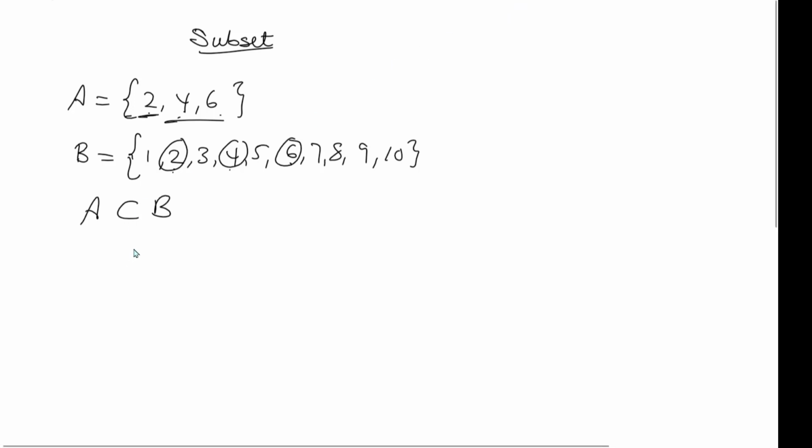Now, I want you to note these two important things about subsets. An empty set is a subset of every set. That's one. And then two, the set itself is a subset.